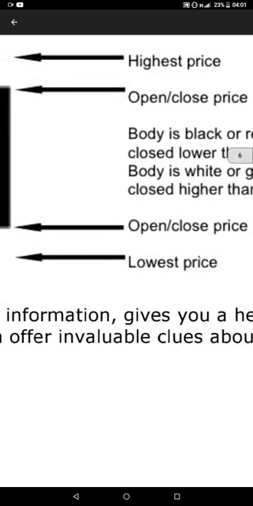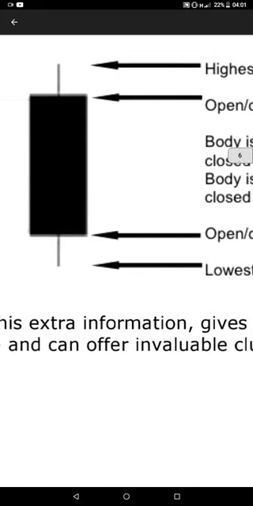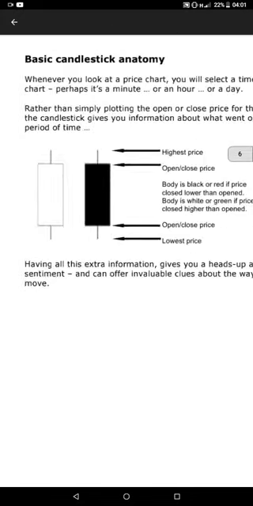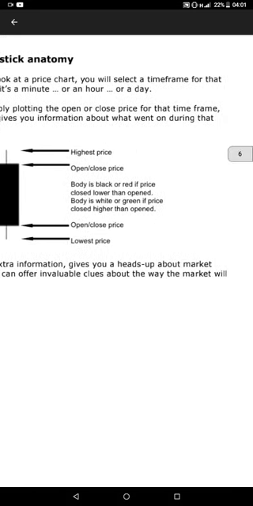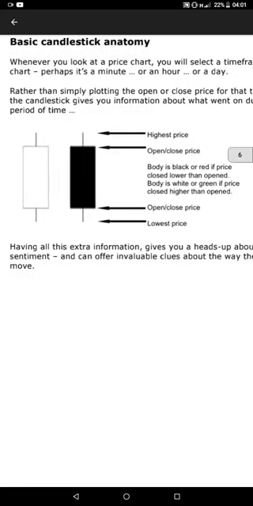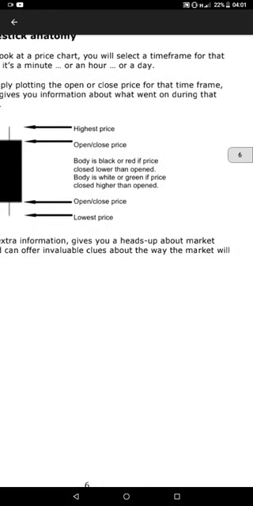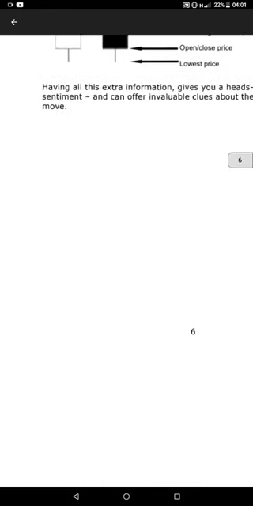Okay, guys, the opening or closing price, the same. Lower price, the same here, guys. Having all this information gives you a heads up about the market's sentiment and can offer invaluable clues about the way the market will move.